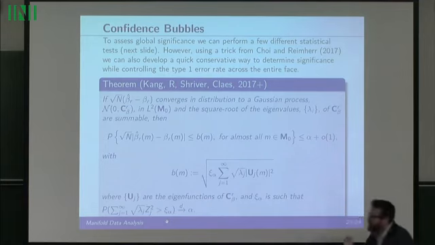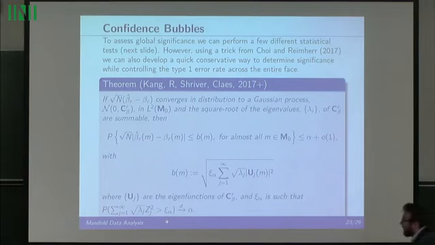We'll actually have statistical tests which have exactly the right type 1 error. But if you don't want to go through simulation to get confidence regions, then you can do this. It's fast. It's conservative, but it works okay.